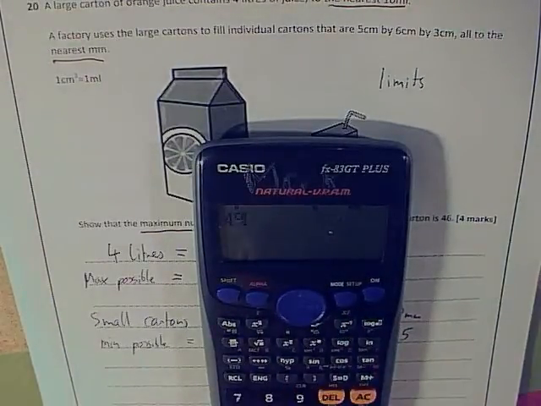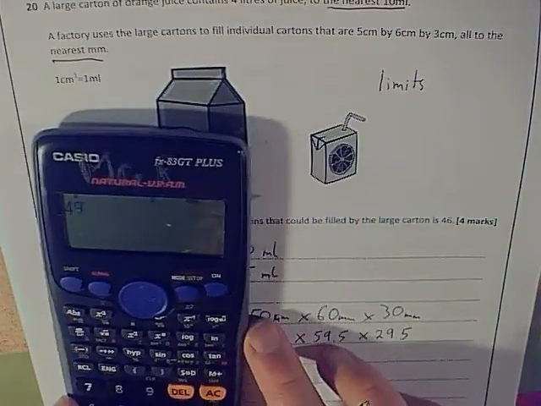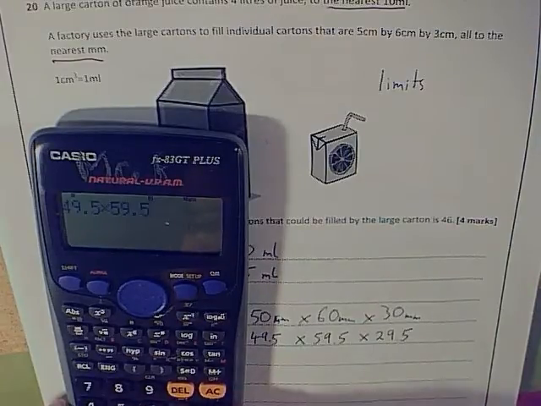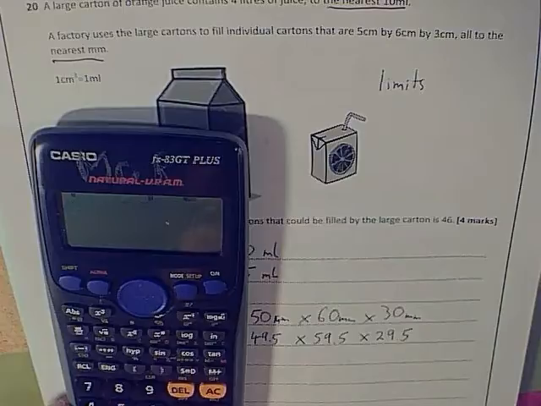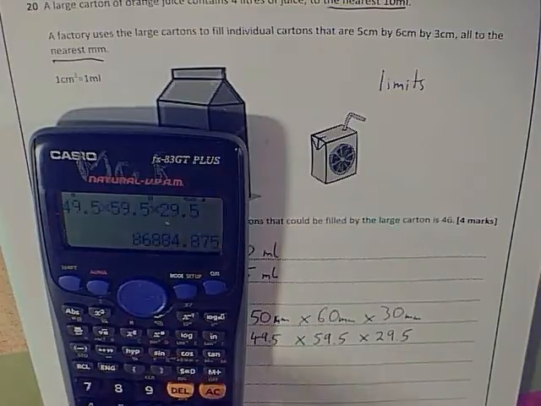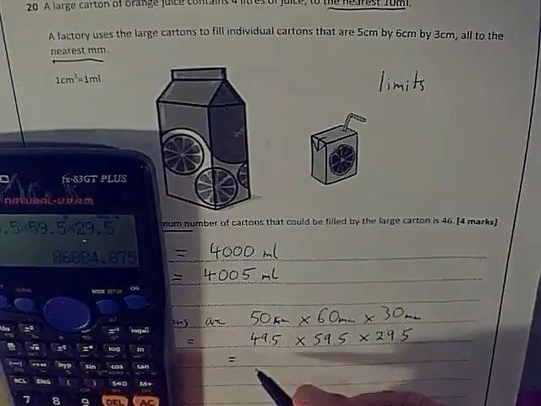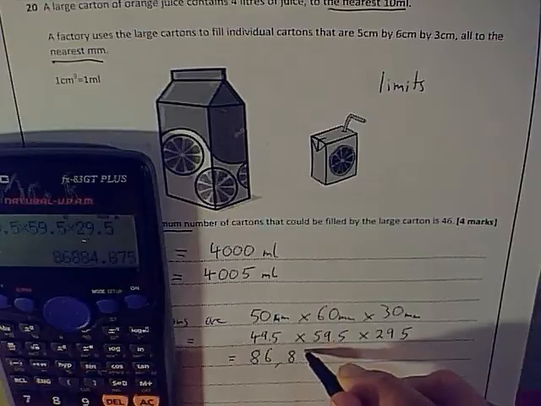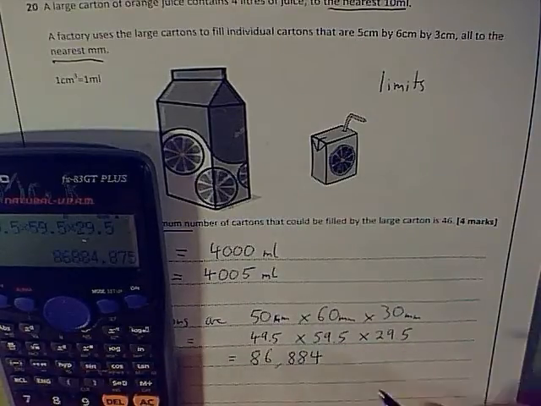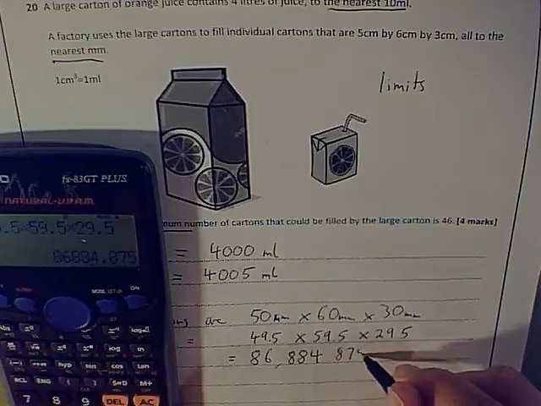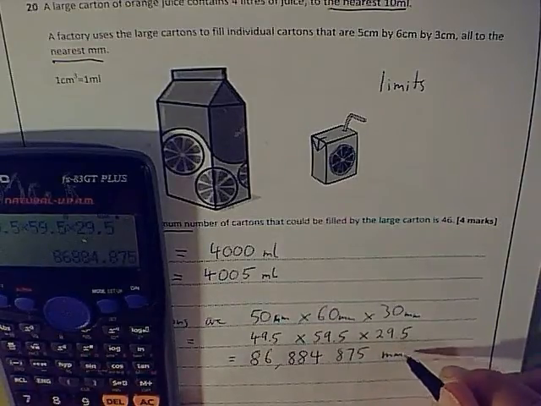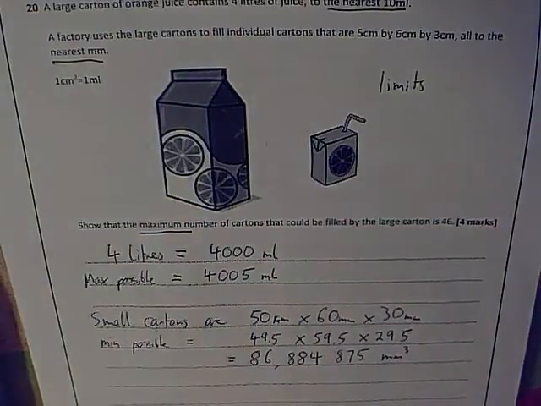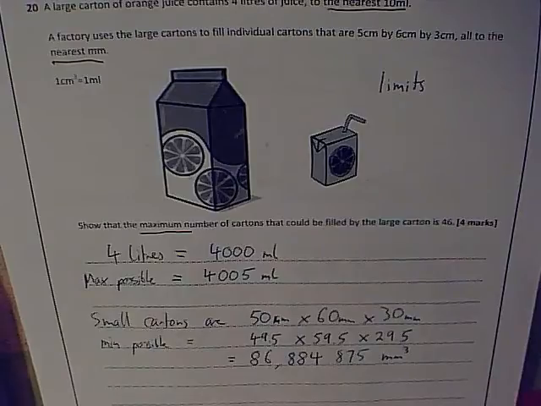So 49.5 times 59.5 times 29.5 equals 86,884.875 millimetres cubed. So, let's see where we're at then.